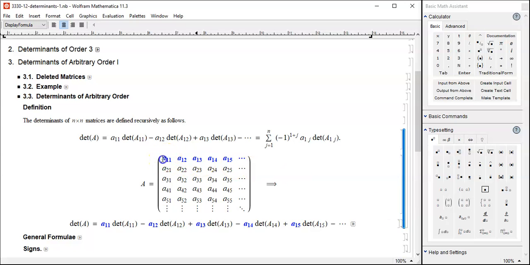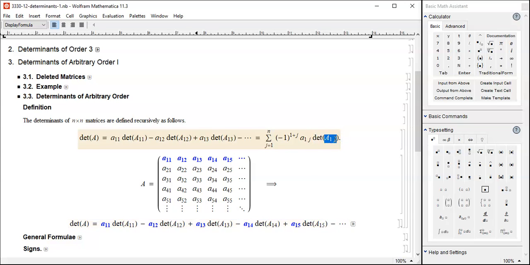We focused upon the first row, A11, A12, A13, A14, and so on, and arranged them with appropriate alternating signs, plus minus, plus minus, plus minus, while multiplying the determinants of the deleted matrices, capital A1Js.